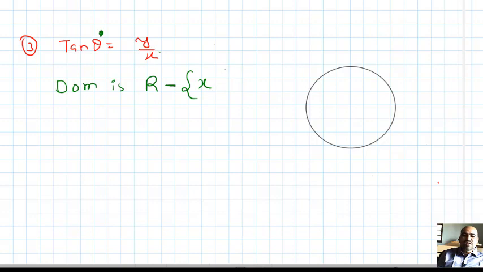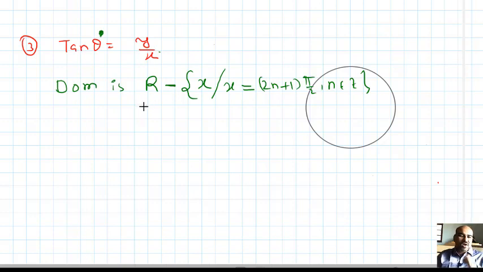Such an angle is one of the x. What is that x? x should equal 2n plus 1 into pi by 2, where n belongs to Z. Such angles you should remove from R. For those thetas only, the tan function is defined. Now onwards this is treated as the domain of the function. The domain of the function is all real numbers except the angles of the form 2n plus 1 into pi by 2, where n belongs to Z.